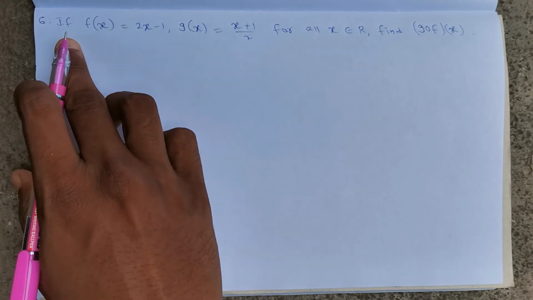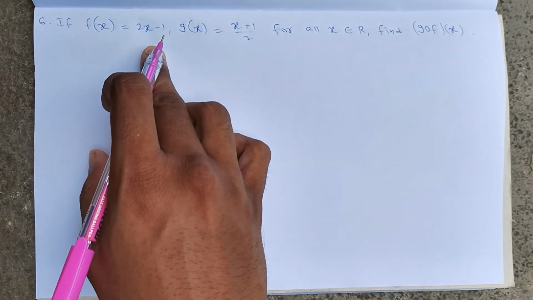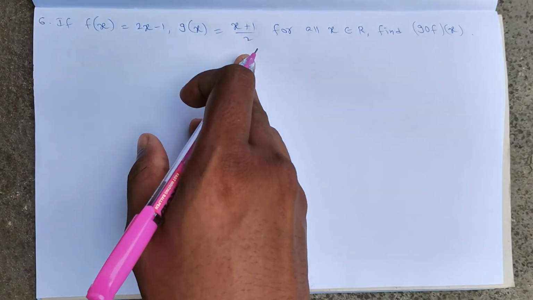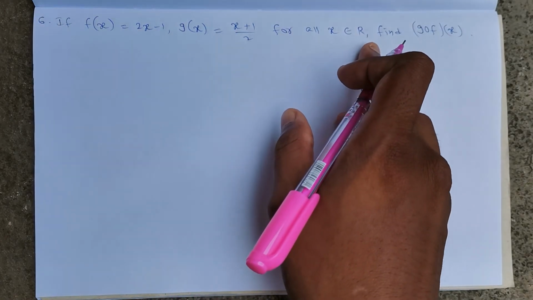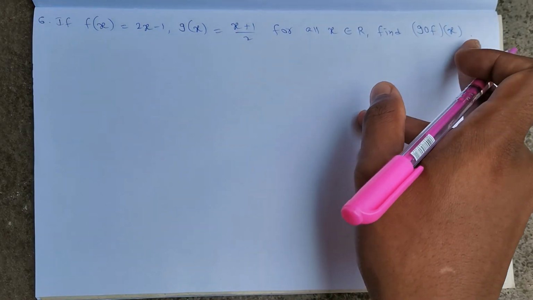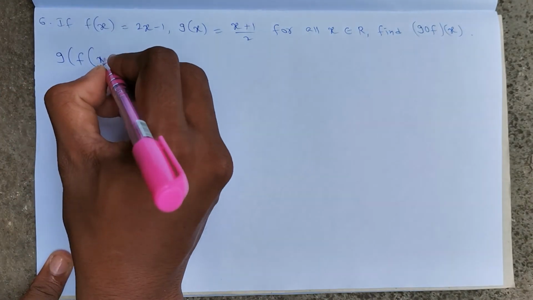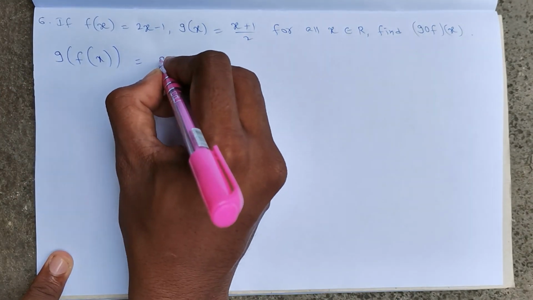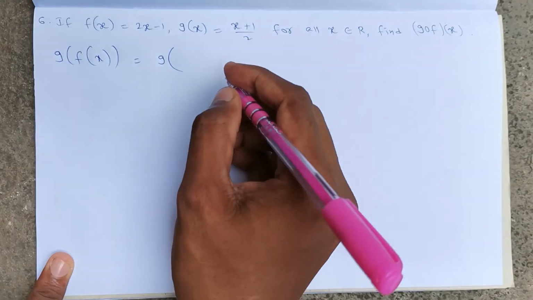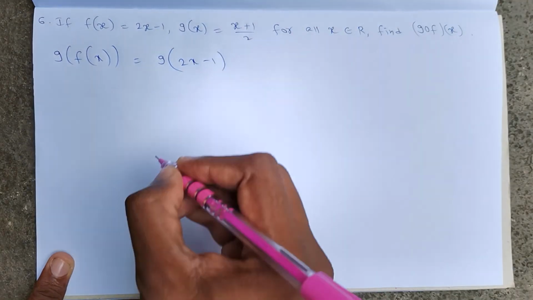The next question is, if f of x is equals to 2x minus 1, g of x is equals to x plus 1 by 2, for all x belongs to R, find g of f of x. G of f of x is equals to g of 2x minus 1, since f of x value is given as 2x minus 1.